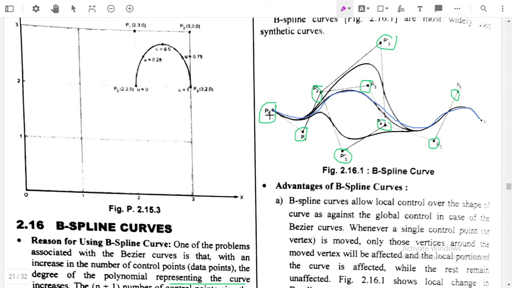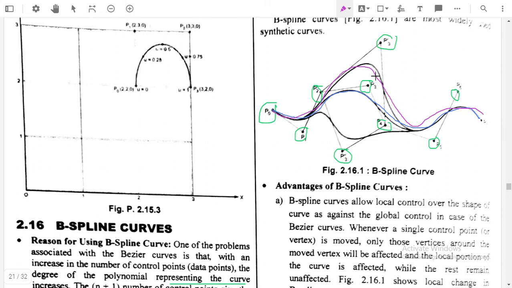If our curve is passing through P0, P1, P2, P3 dash, P4, P5, P6, here we have changed the position of P3 to P3 dash, then the curve will look like this.